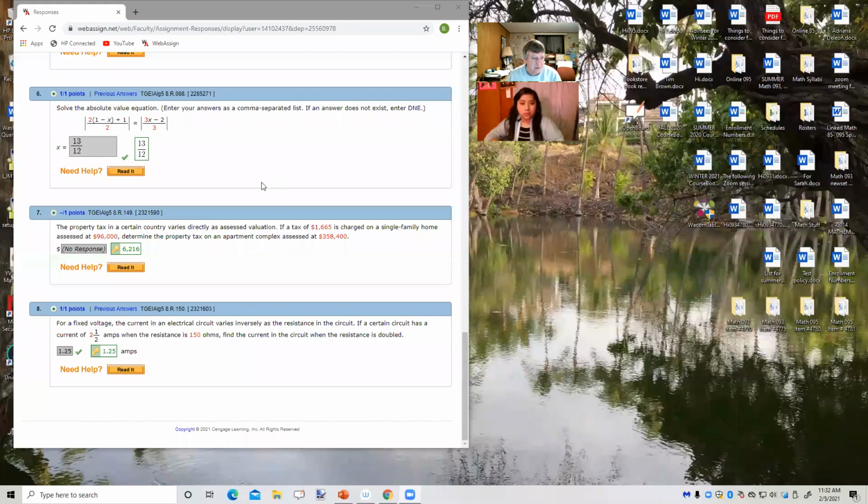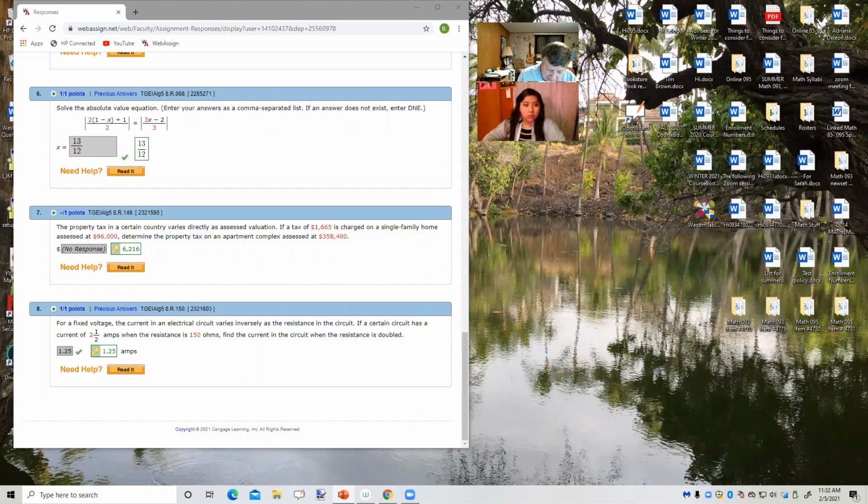All right, so it says the property tax in a certain county varies directly as assessed valuation. If a tax of $1,665 is charged on a single-family home assessed at $96,000, determine the property tax on an apartment complex assessed at $358,400.